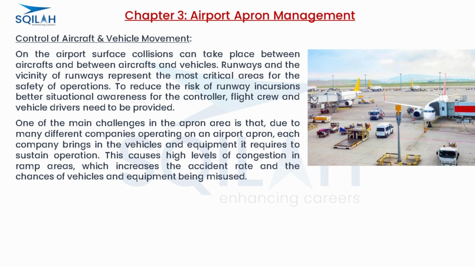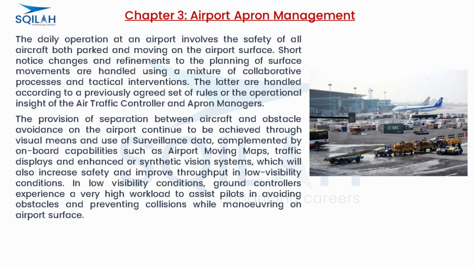One of the main challenges in the apron area is that, due to many different companies operating on an airport apron, each company brings in the vehicles and equipment it requires to sustain operation. This causes high levels of congestion in ramp areas, which increases the accident rate and the chances of vehicles and equipment being misused. The daily operation at an airport involves the safety of all aircraft, both parked and moving on the airport surface.